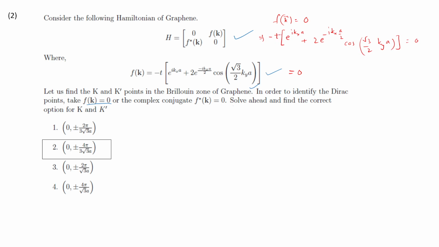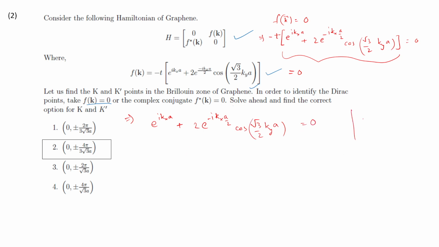It will be 0 when this quantity is 0. We can cancel the minus t, which is usually some non-zero number. So we have to find e to the power i k_x a plus 2 e to the power minus i k_x a by 2 cos of root 3 by 2 k_y a equal to 0.